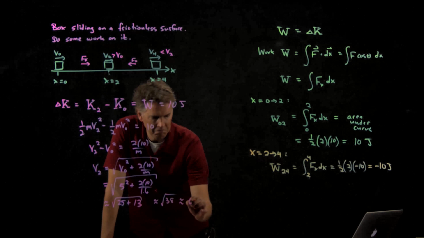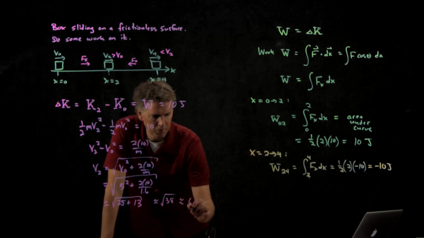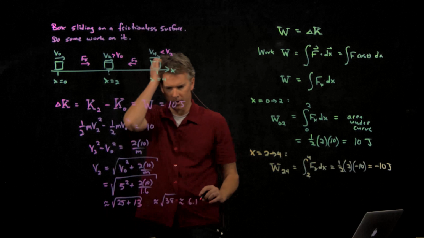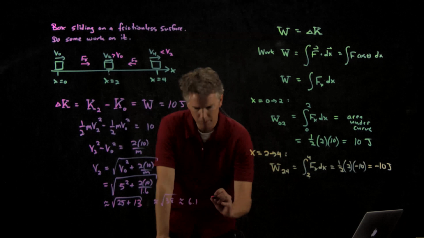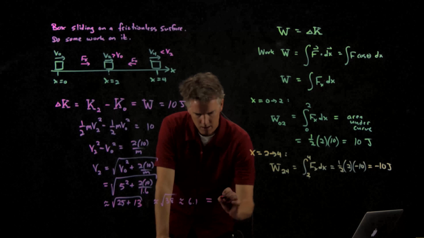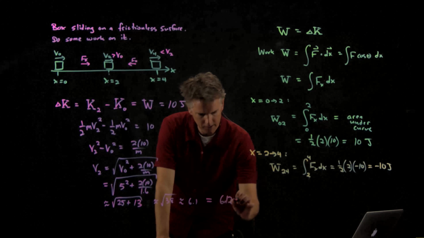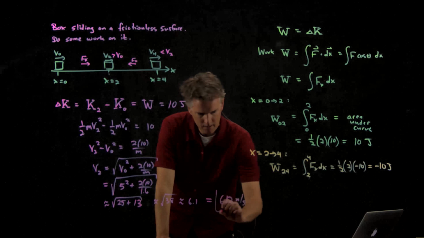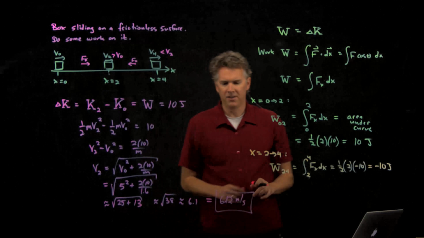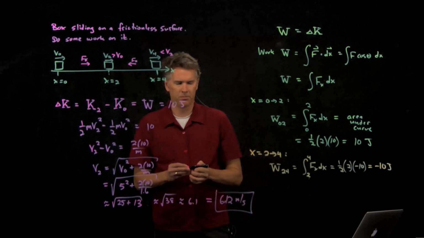So we'll say a little bit more than 6. I'm going to say 6.1. Anybody get a real answer for that one? 6 point what? 6.12. All right, so our guess was pretty good. 6.12 meters per second.